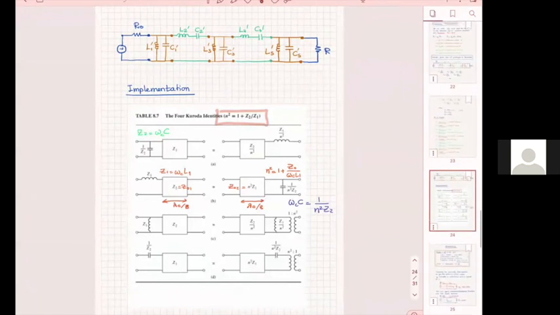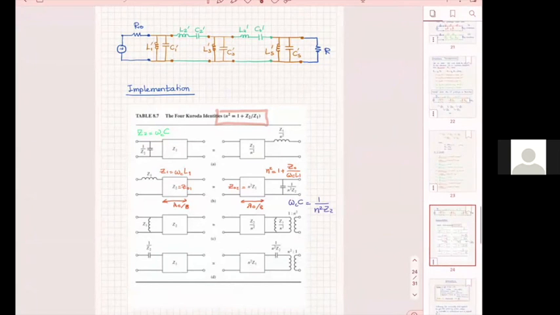What I would do for the filter, I would plot only the power at the load versus frequency over the power delivered by the source. If you can do this, in fact, you will see whether you have the performance of the filter. This is also called the transfer function in the frequency domain.